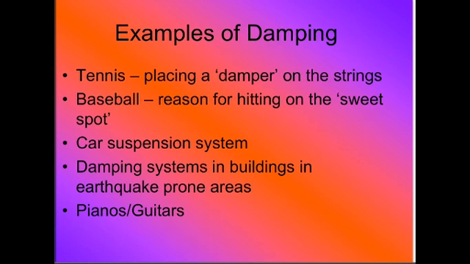Now, some examples of damping that we see in everyday life. Tennis players, that little plastic thing that's at the bottom of the strings is a damper to help control the oscillations. When we're playing baseball, the reason that there is that sweet spot is that when you hit the ball in the sweet spot, it minimizes the transfer of energy that gets wasted in the bat, and it minimizes the oscillations in the bat.